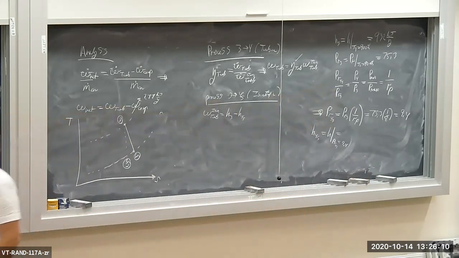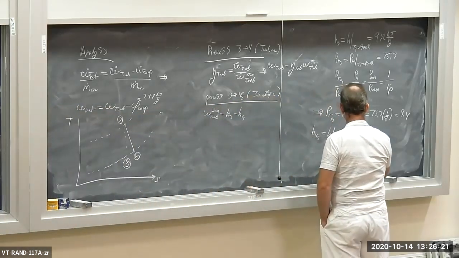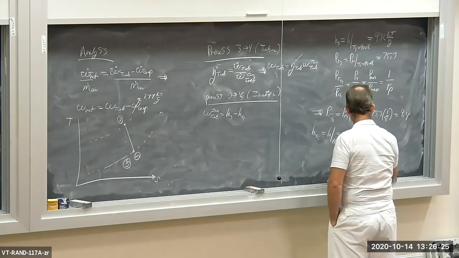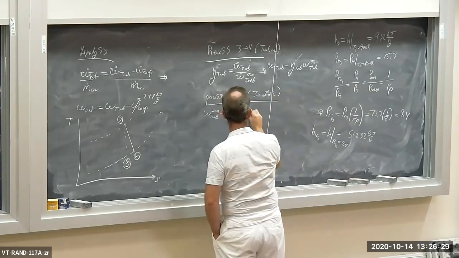I can get H4s out of a table, and I get 519.32 kilojoules per kilogram.